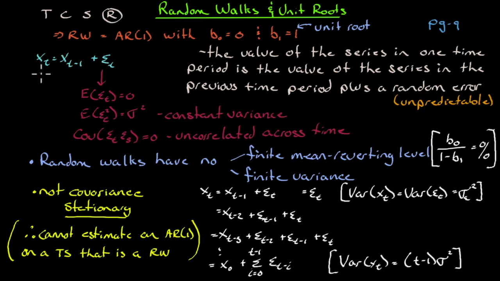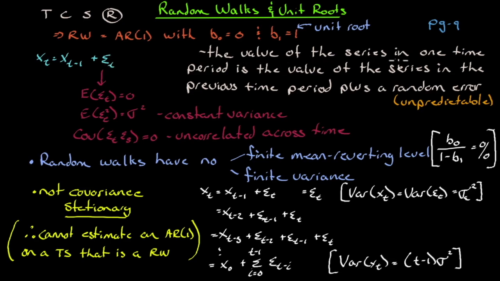We can see that the cumulative effect of xt is just the sum of all the error terms from period to period, because it would equal itself plus some error term. The next period, it would equal itself plus some error term. So the error terms would accumulate, and that would draw out the chart. The error terms explain the entire time series. In other words, the entire time series is explained by a random component.